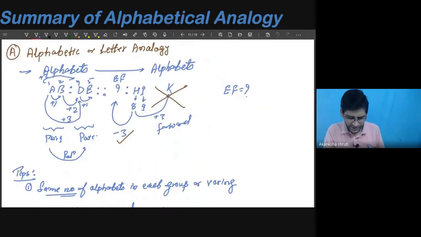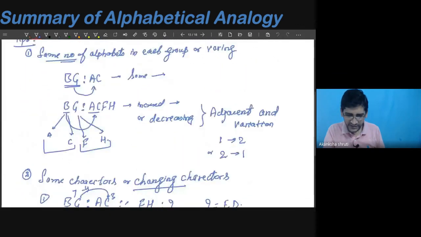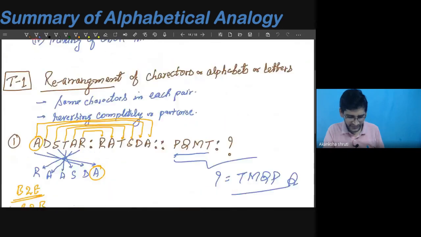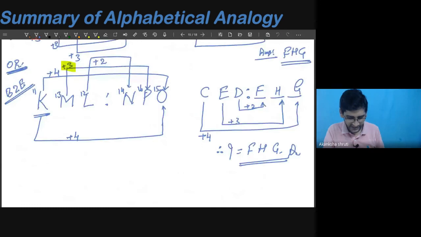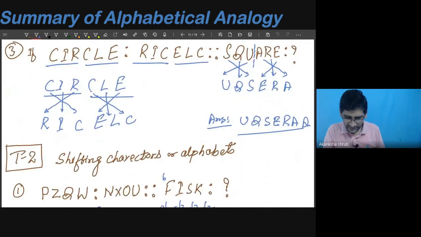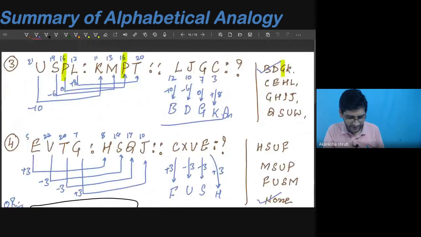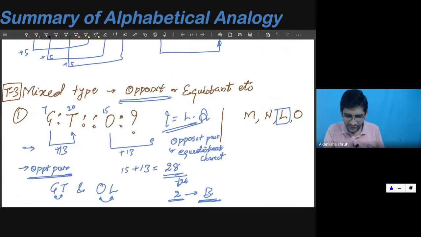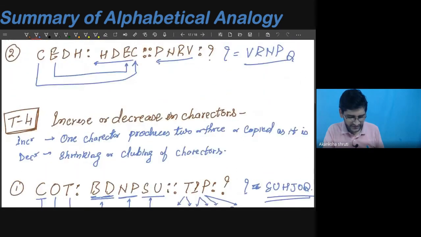The first tip that you have to keep in mind is reversing the order, just means rearranging in a set or rearranging as a whole. Then shifting the position, maybe forward, backward. Some of them are forward, some of them are backward. Then maybe for the opposite pairs or equidistant ones.